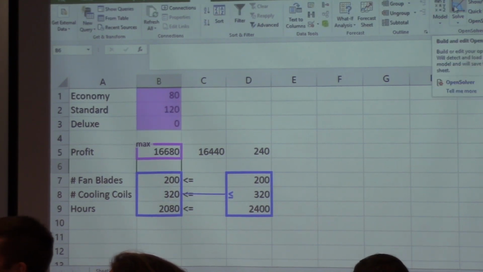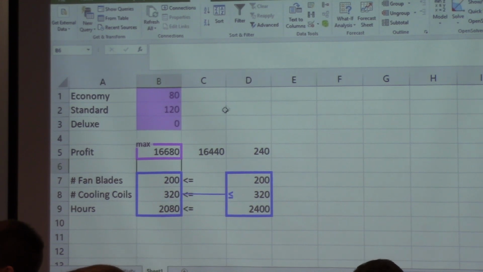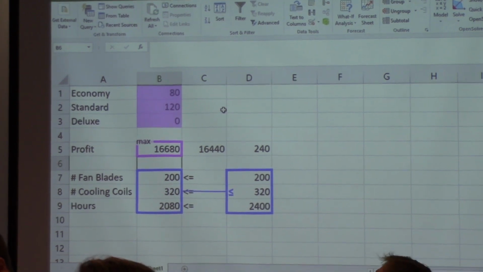And when we resolve it, notice we say that this is the same solution. And what we mean by that is the values of our variables don't change. We still have 80 economy, 120 standard, and 0 deluxe units that we're going to produce. Of course, this value has to change because we're multiplying these values by different coefficients.